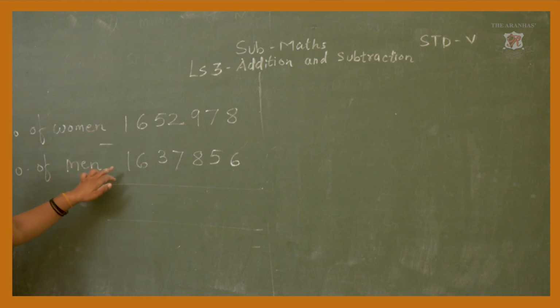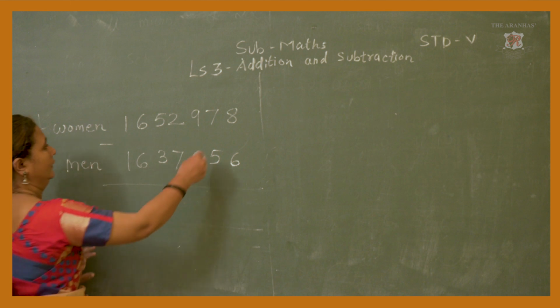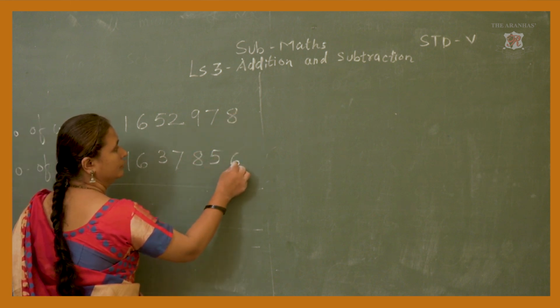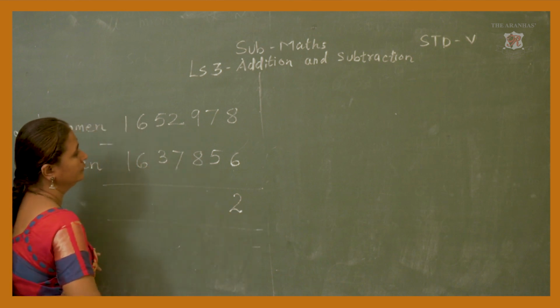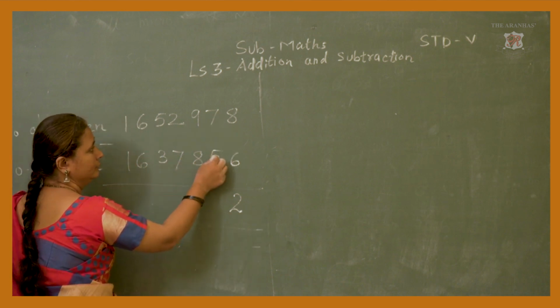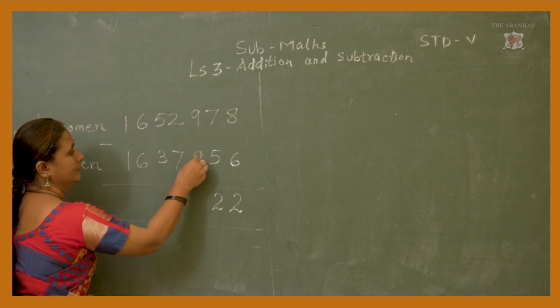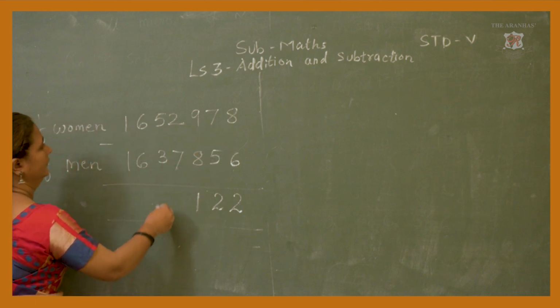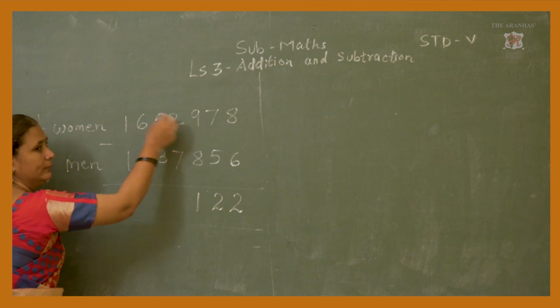When we subtract, then only we will understand how many women are more than the men. Okay. Now start to solve the sum. 8 minus 6, 2. 7 minus 5, 2. 9 minus 8, 1. 2 is less than 7, so we have to borrow a number.